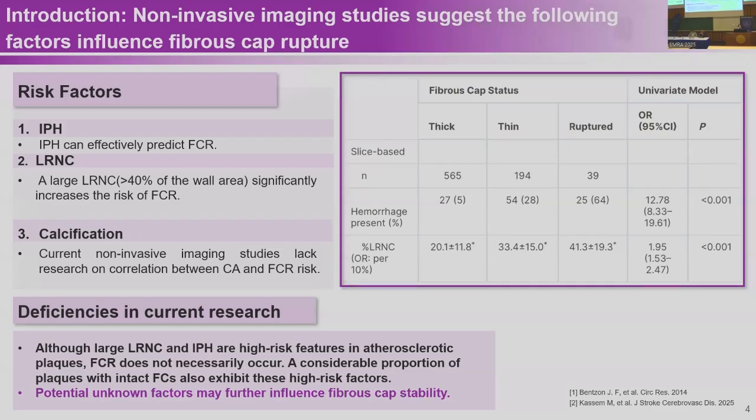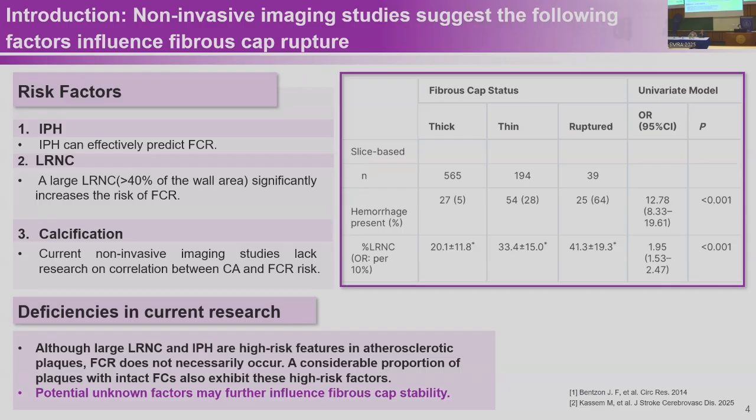And now the non-invasive imaging, including CT, MRI, and ultrasound, suggest several factors that influence fibrous cap rupture, including IPH and large LRNC. But current studies lack research on correlation between calcification and FCR risk.